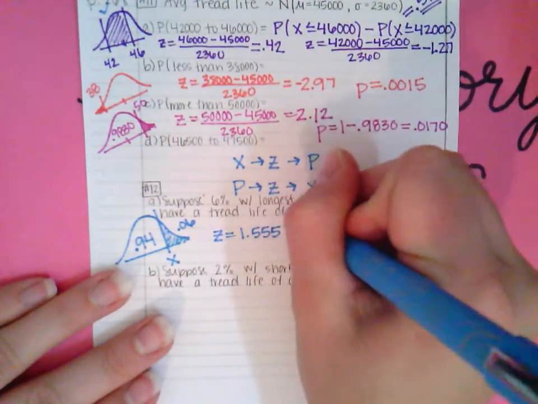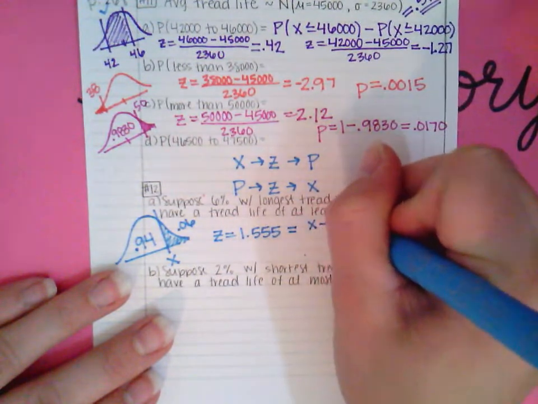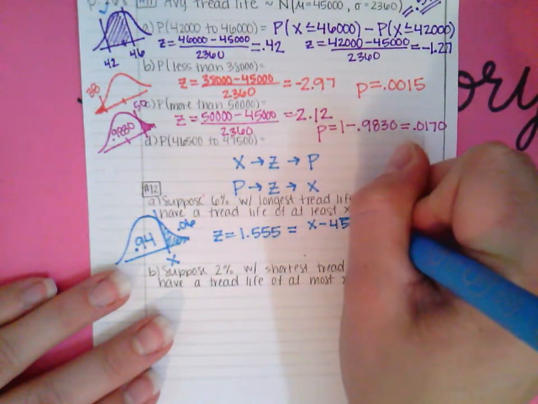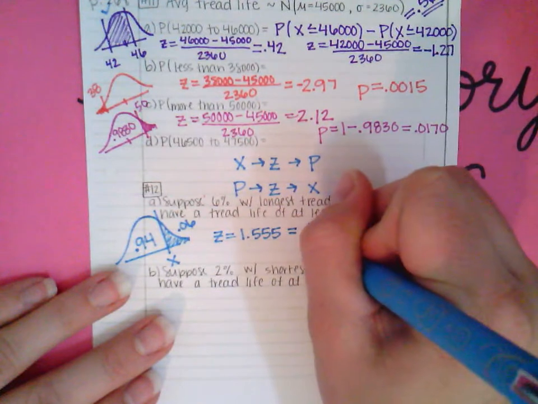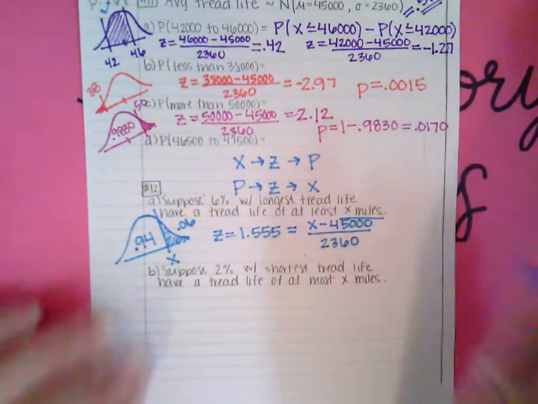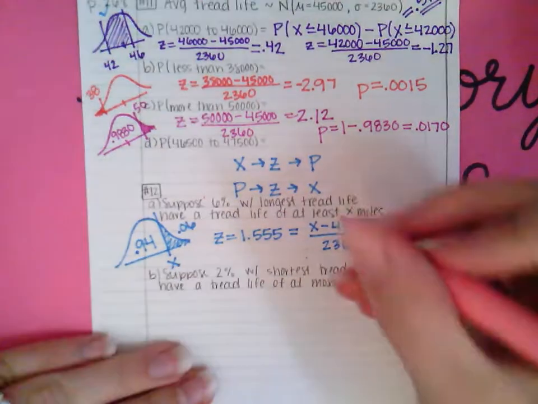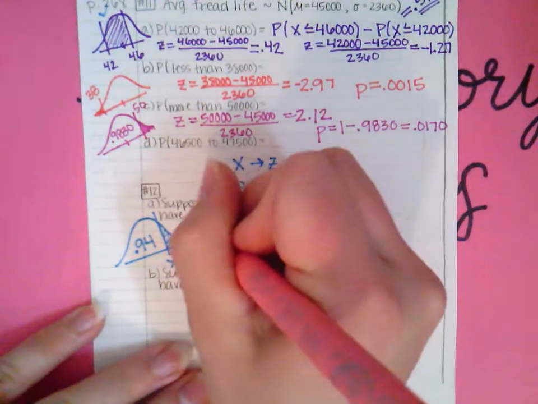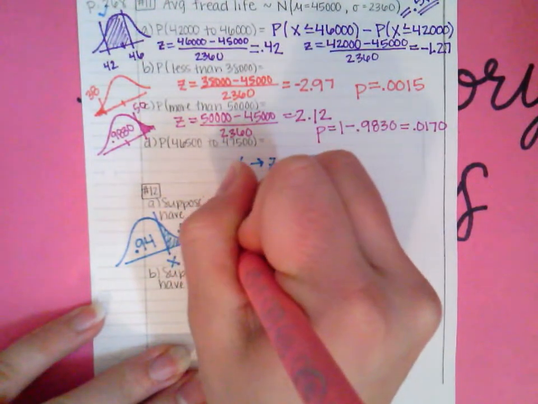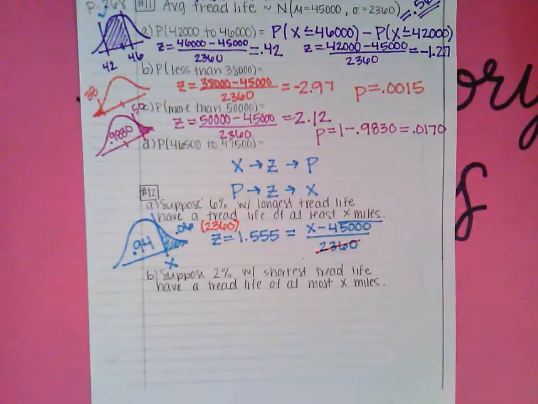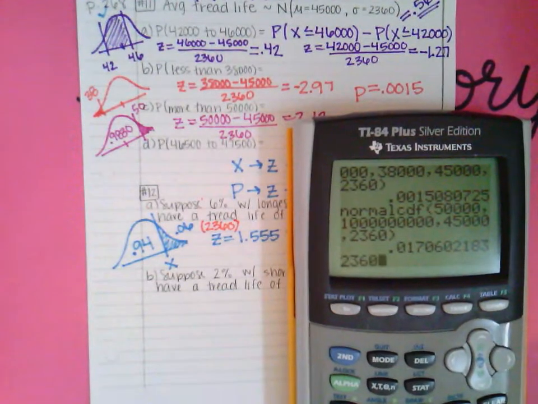I then need to solve that for x in the context of my situation here. So I'm going to set up my z-score equation and then solve this algebraically for x. The first thing I would do is multiply over here by 2360. So 2360 times 1.555.